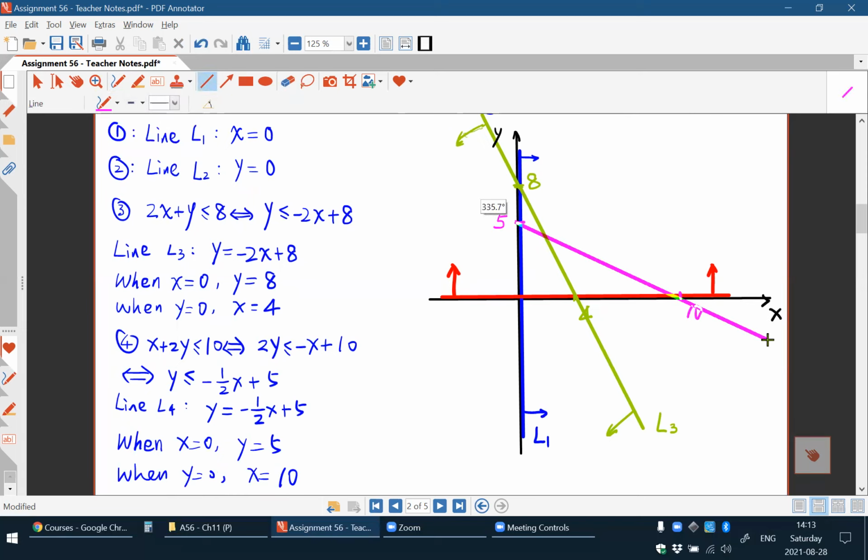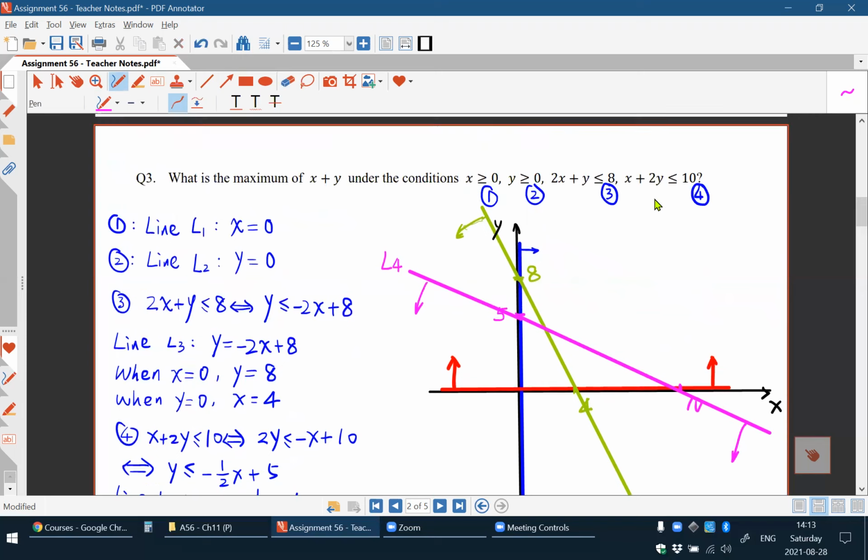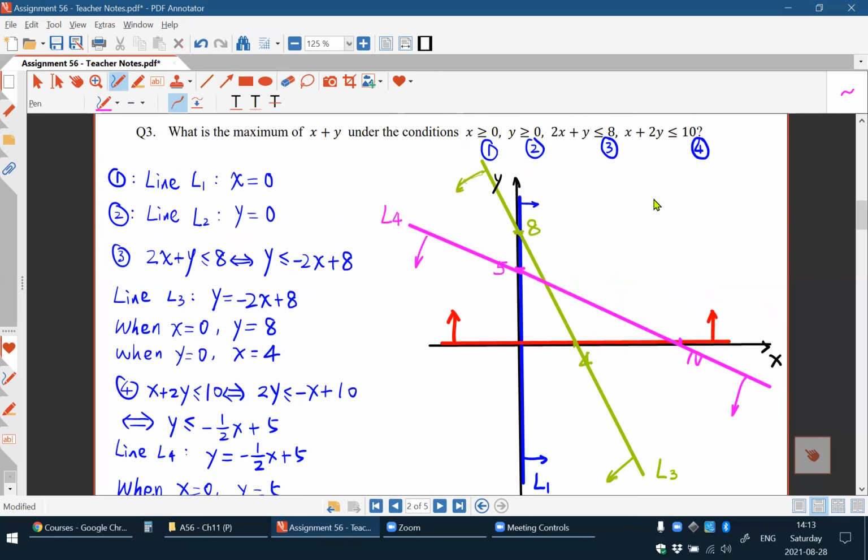Okay, so this is our fourth line, L4. And the inequality states that y should be less than or equal to, which corresponds to a region under this line, right? Okay, so now can you see what is the bounded region or unbounded region, if possible?